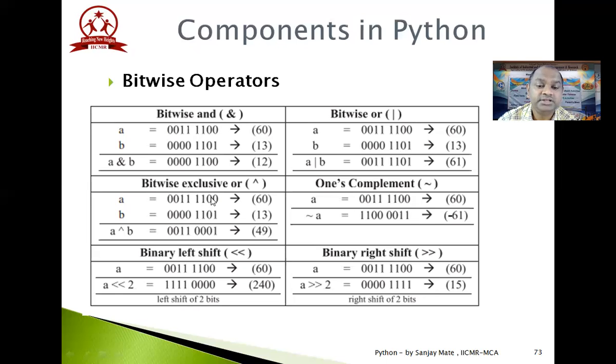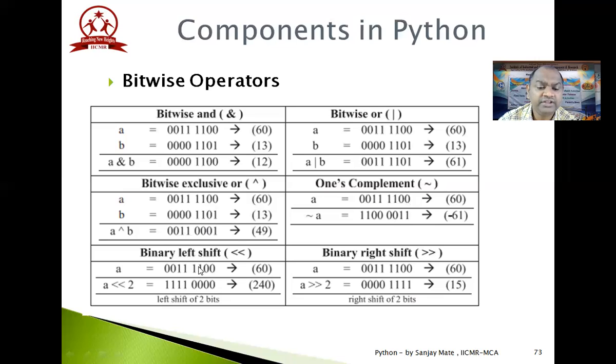See here, that is XOR. 0, 1: both are not the same, so 1. If both are the same, you get 0. Complement is negation: 0 becomes 1 and 1 becomes 0. That is the opposite of the original.